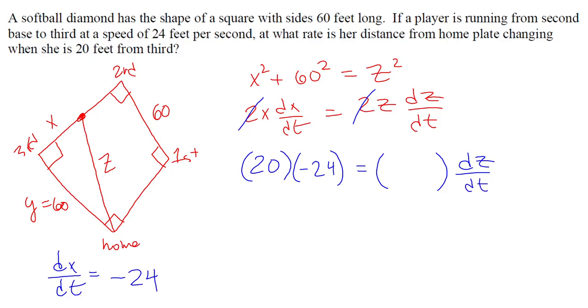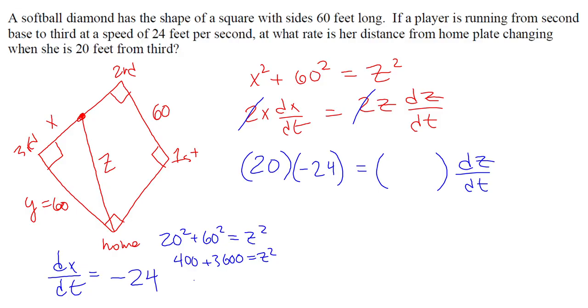Well, to find z, we're just going to put in 20 for x into our Pythagorean theorem equation. Right, we'll have 20 squared plus 60 squared equals z squared. And that's just going to be 400 plus 3600 equals z squared.